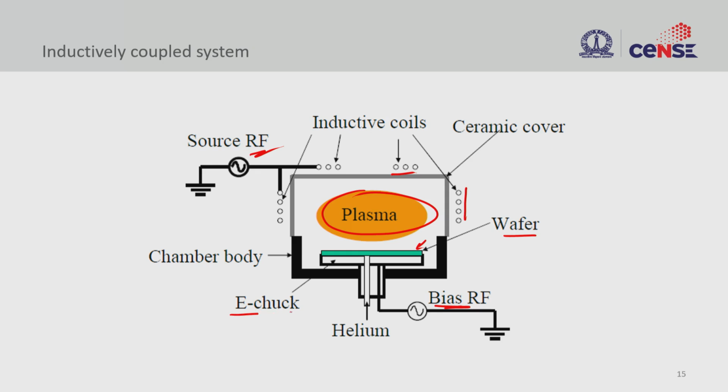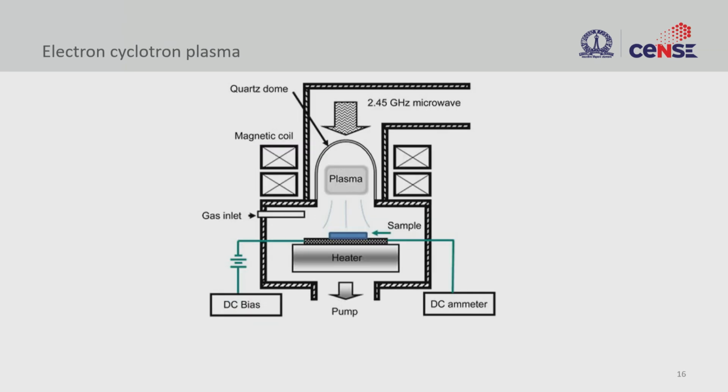This is normally an electrostatic chuck. It pulls the wafer inside, and the chamber body is also grounded. So the chamber body also acts as another electrode here. If you look at the parallel plate configuration, this might look like a triode-like system. The only thing is the source here is inductively coupled, unlike the other configuration where it is capacitively coupled.